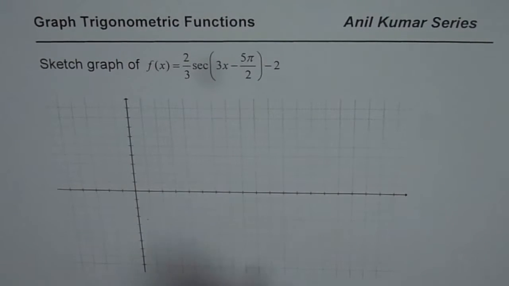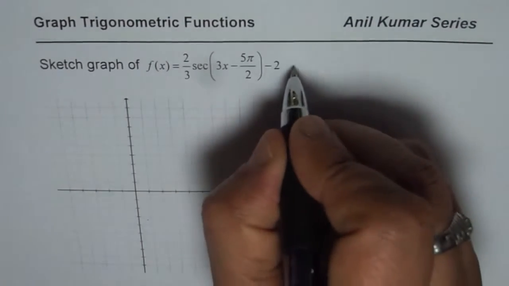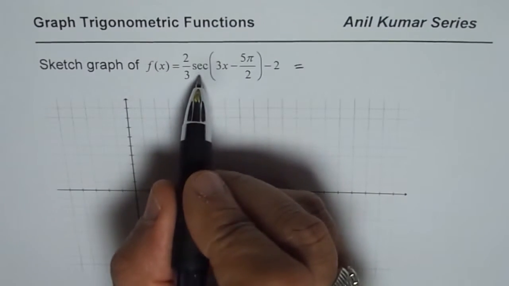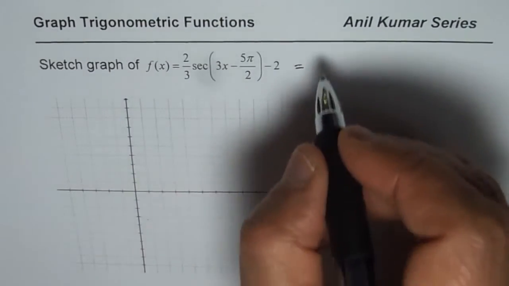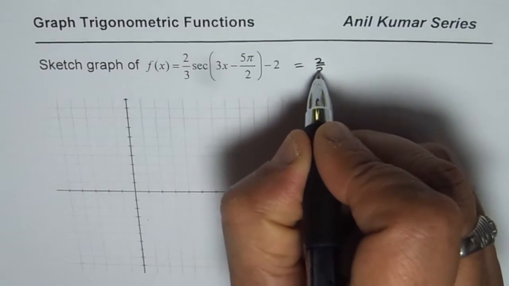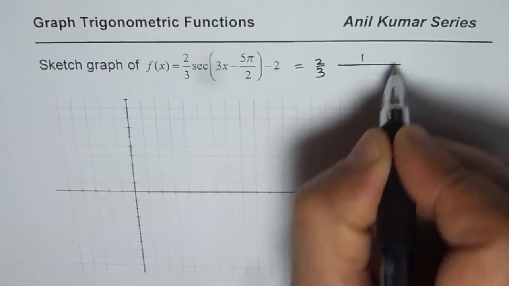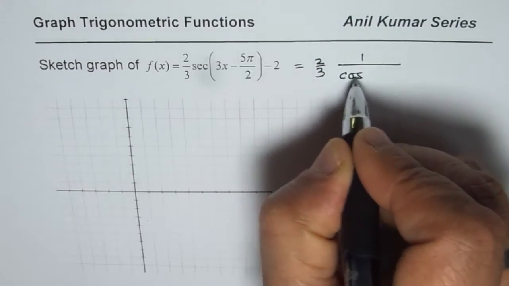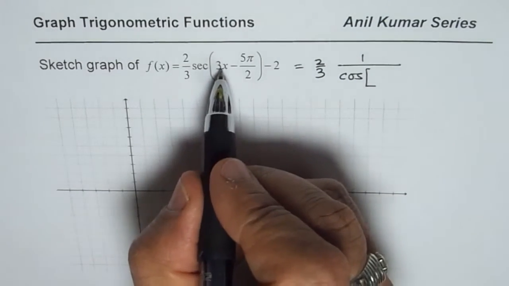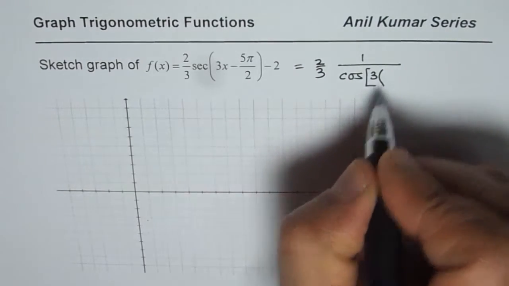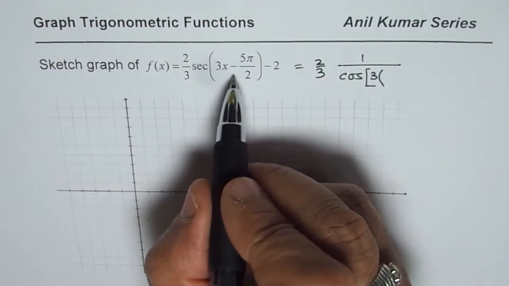Now, whenever we have an equation like this, it could be written in the form of the primary trigonometric ratio. We could write this as 2 over 3. Secant is 1 over cos, right? So we can write this as 1 over cos of. It's good to factor 3 so that we clearly know what our horizontal translation is.